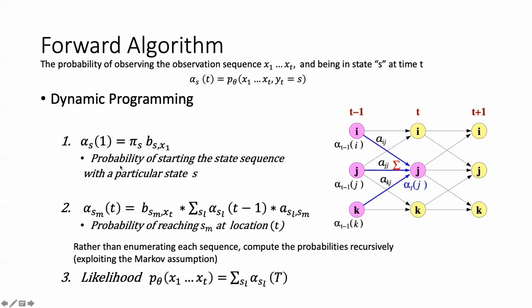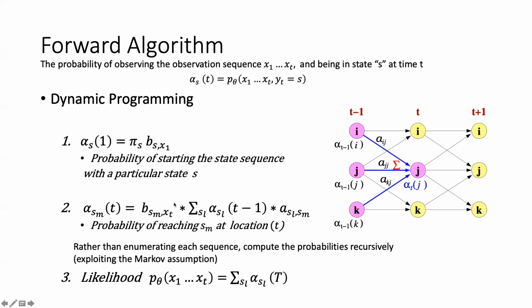Let's initialize the alphas in the first step: the probability of starting the state sequence with a particular state s is computed as the initial probability of being in that state s and emitting the symbol x1, that is, the probability of emitting the symbol x1 in the state s. This is similar to what we observed in computing the inference problem using deltas.